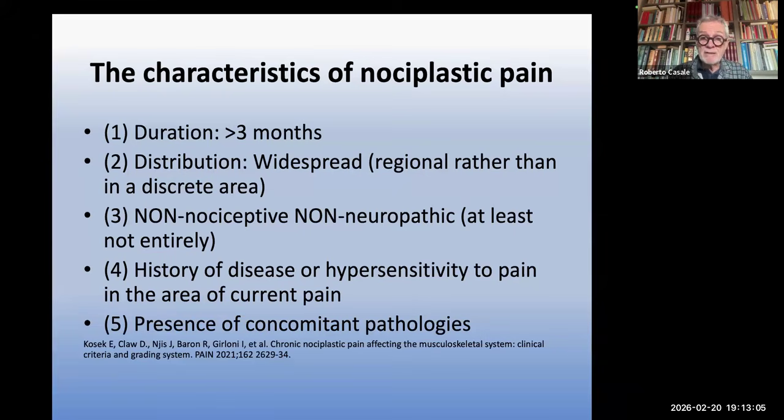But in all these patients, we have a hypersensitivity to pain, not only in the area where they feel pain, but also a widespread hypersensitivity and the presence of concomitant pathologies.